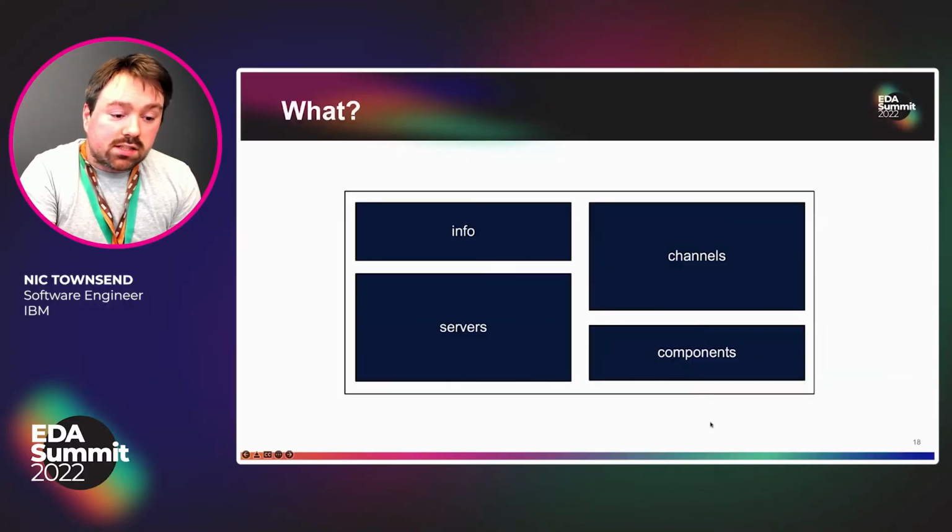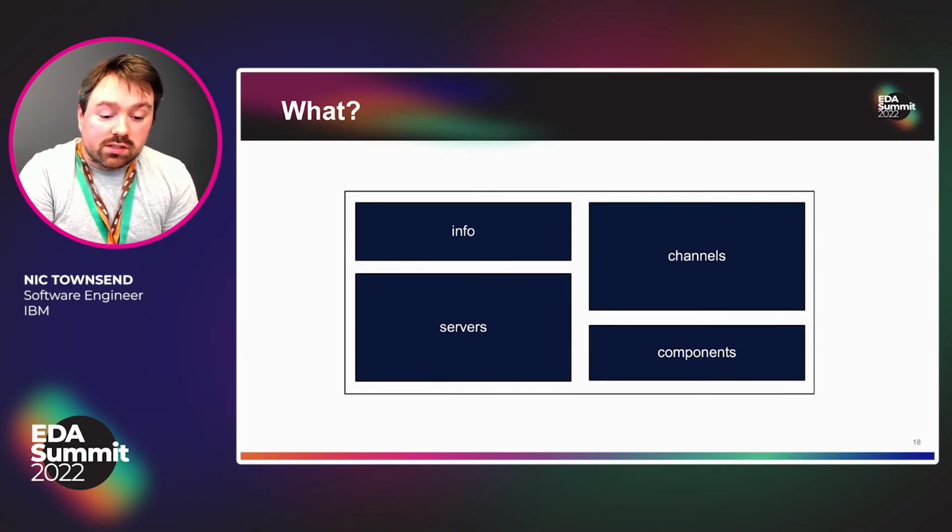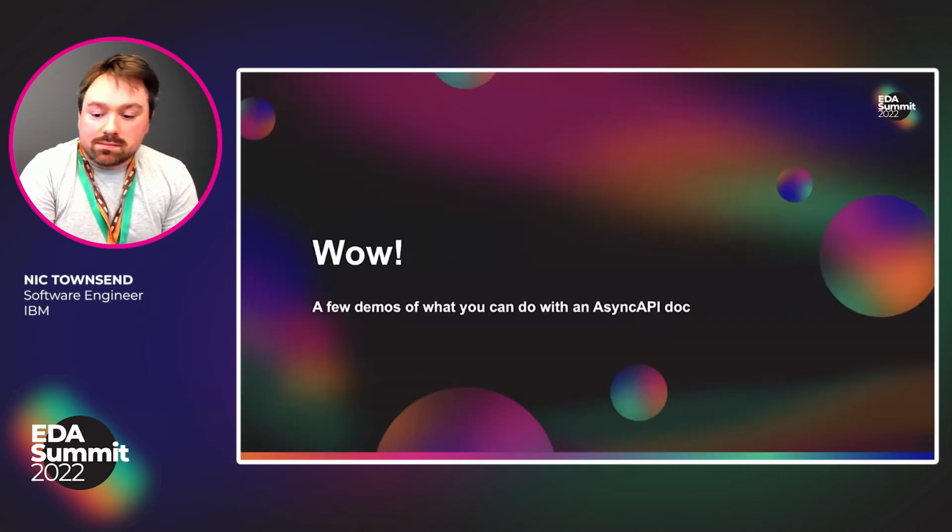So just to summarize, the main chunks of the document we looked at are the top level info, servers, channels and components. They're the key top level attributes of the AsyncAPI that are important whilst describing Kafka topics. And we've taken a deeper dive into the individual structures of those documented fields as well. And I'll now hand back over to Dale.